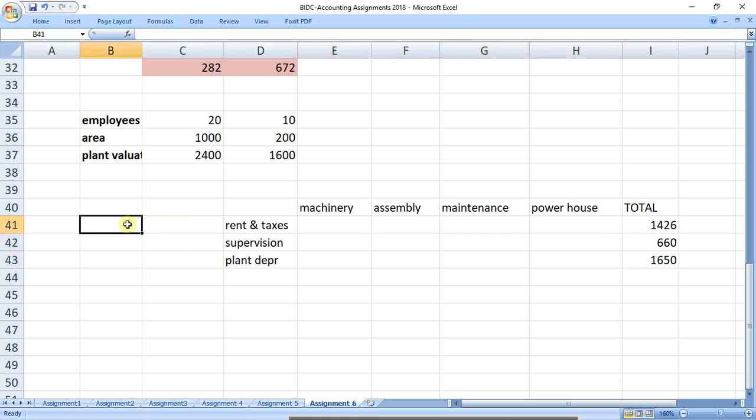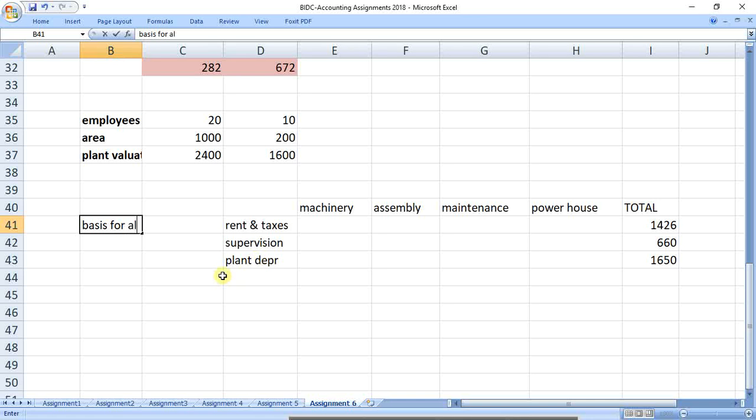Okay, on what basis? So what basis are you going to use? Basis for rent and taxes. Would rent and taxes be allocated by number of employees? No. Would rent and taxes be allocated by area? Yes. Why? Because it's rent. Yeah, rent is area.